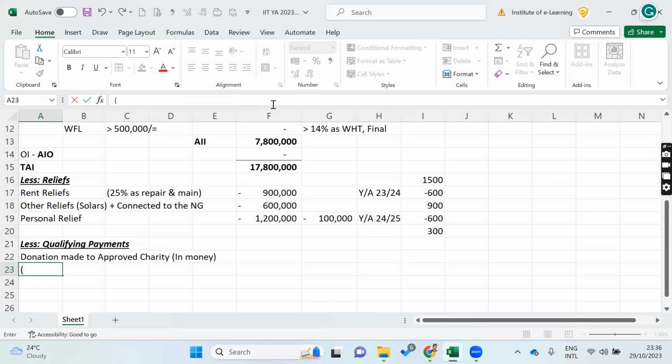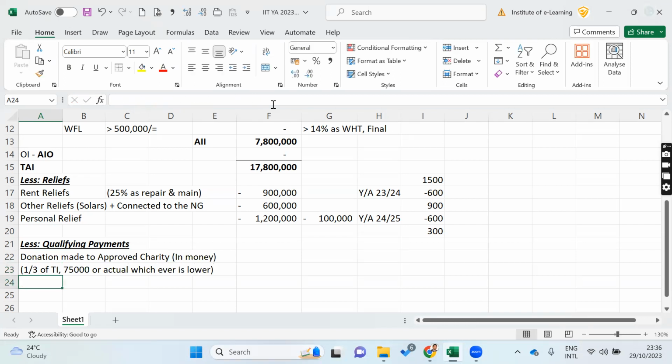You can claim one third of taxable income or 75,000 or the actual amount, whichever is lower.